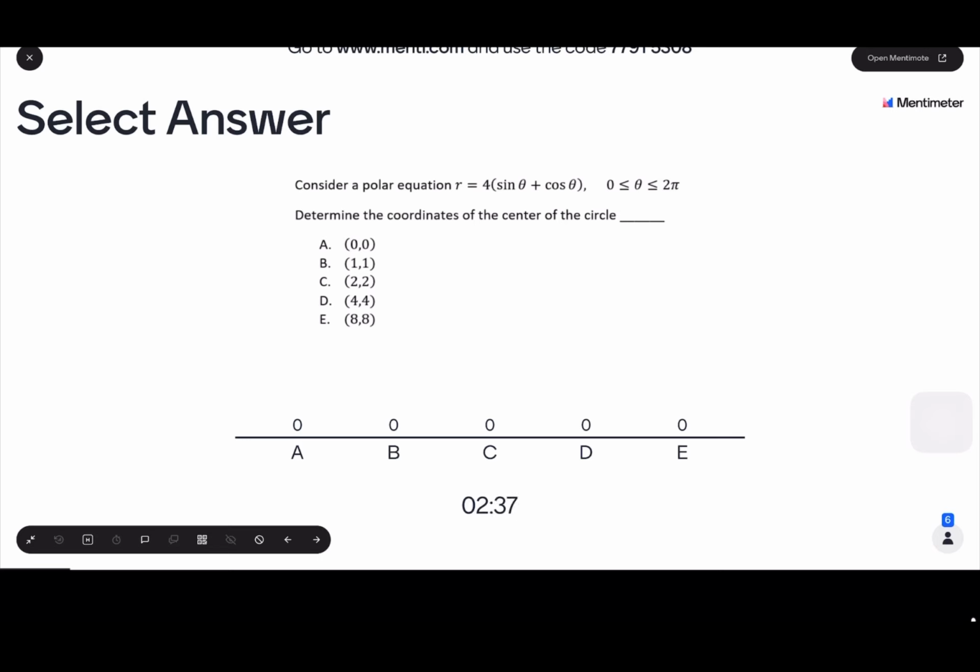Because this is in polar, you need to maybe get out of polar and convert to rectangular.